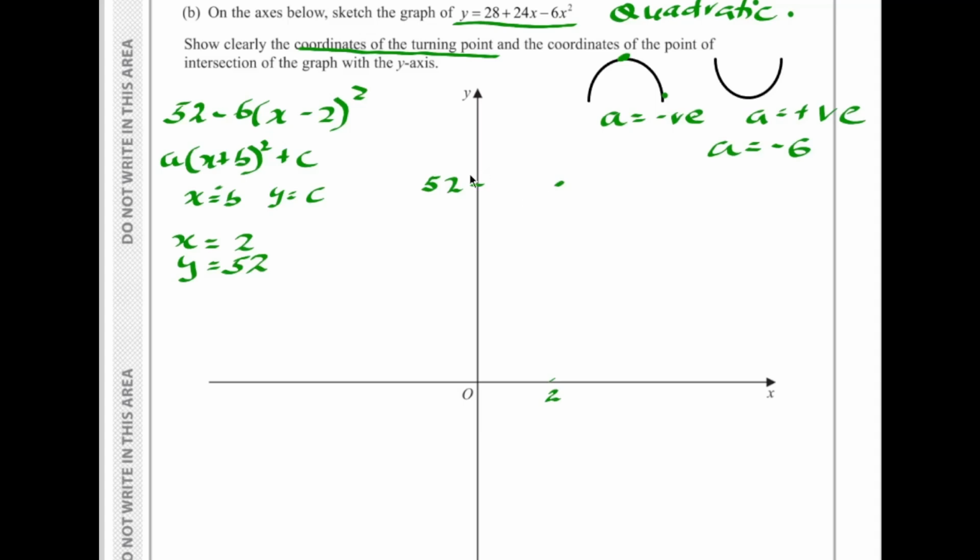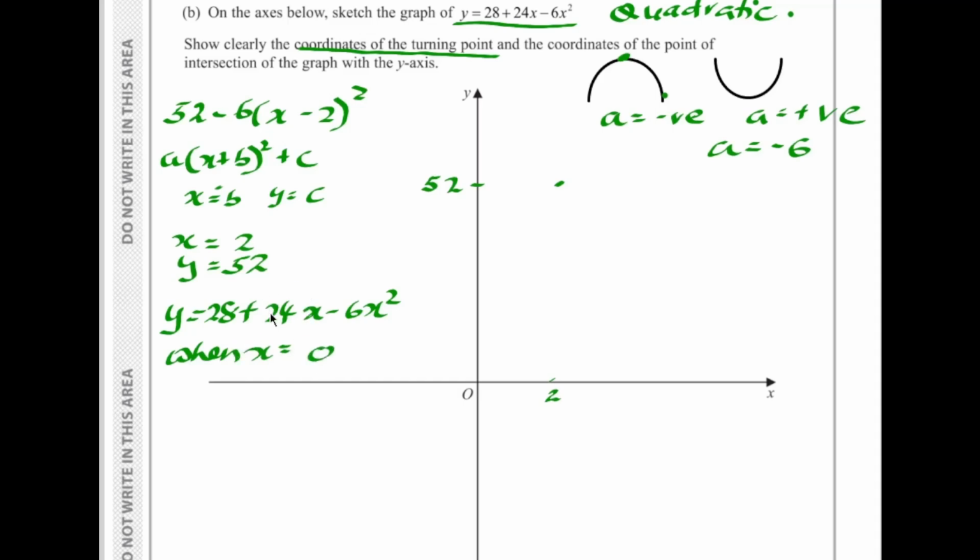After that, I need to get the y-intercept. So any time whenever you are getting the y-intercept, what about the x-coordinate? X-coordinate is always 0. So if I get this equation, y equals 28 plus 24x minus 6x squared. If I want to get the y-intercept, I know that when x equals 0, I'm getting y.